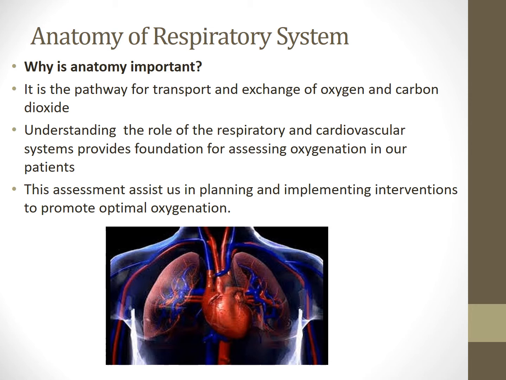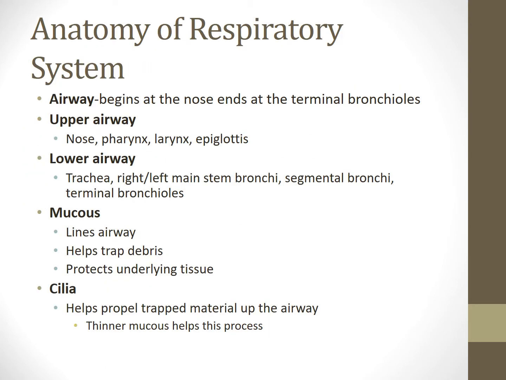As we get started, we're going to run through the anatomy of our respiratory system. Just a basic overview, the respiratory system consists of our airway, which begins at our nose and ends at the terminal bronchioles. We have our upper airway, which consists of our nose, our pharynx, our larynx, and our epiglottis. Then our lower airway is our trachea, left and right mainstem bronchi, segmental bronchi, and terminal bronchioles.